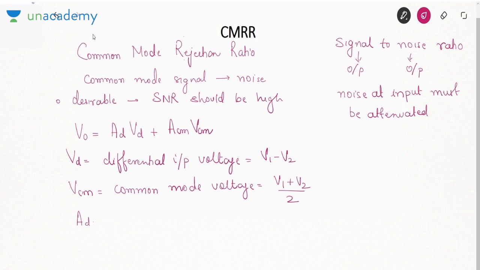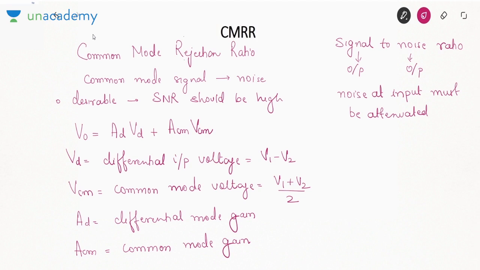So AD is differential mode gain, and ACM is common mode gain. We want that the common mode gain should be as low as possible and the differential gain should be as high as possible. So we define CMRR as AD by ACM.